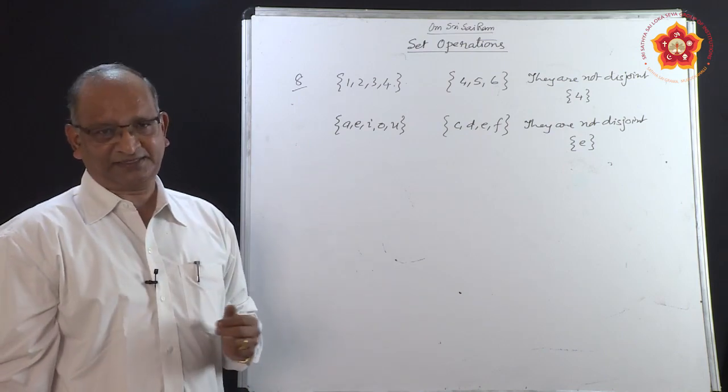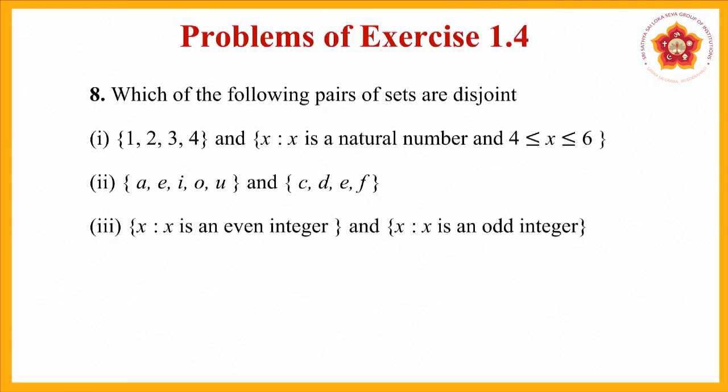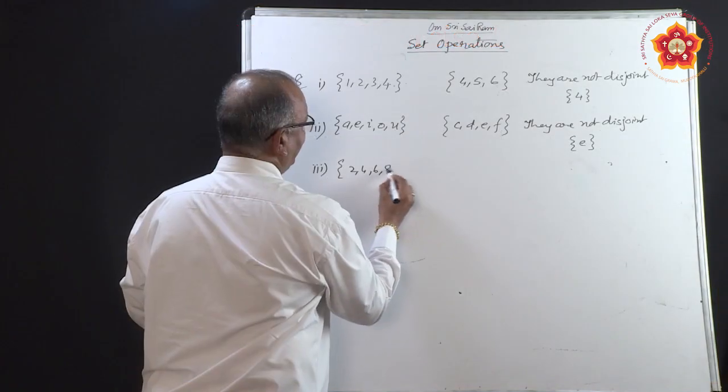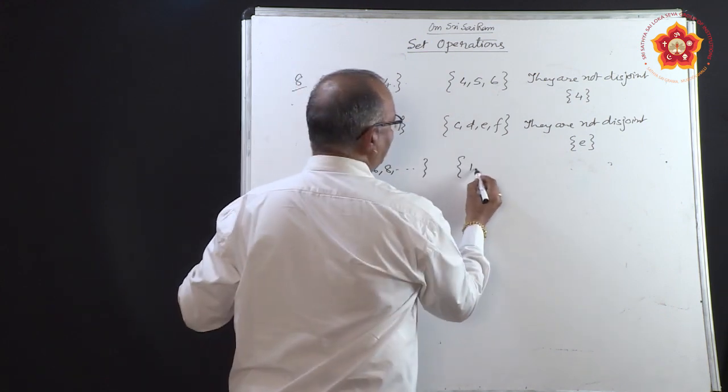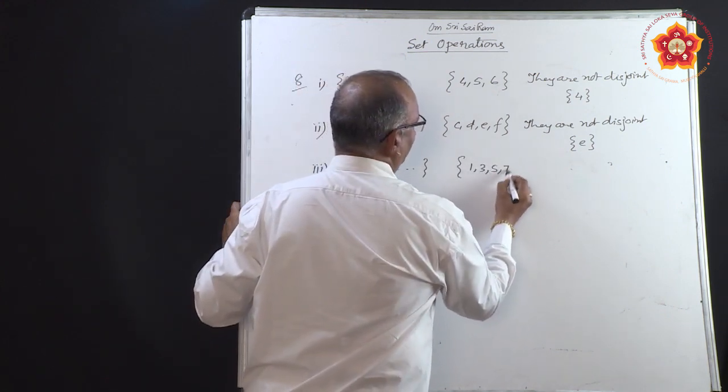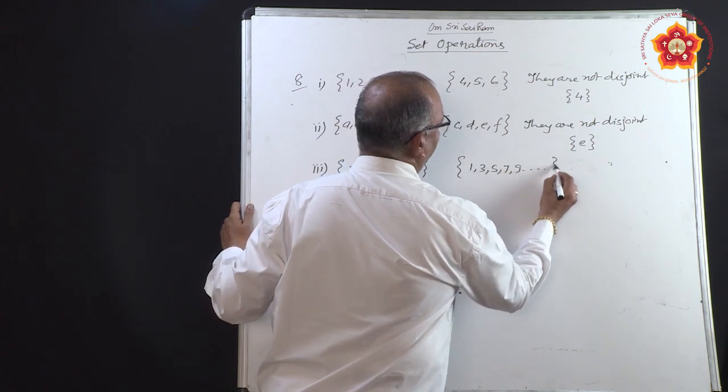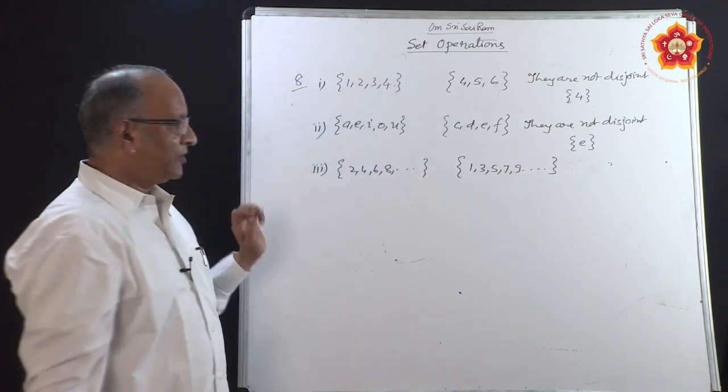The last one in this, problem number 8: x is an even integer and x is an odd integer. So, the third one, the first set contains even integers, let us say 2, 4, 6, 8, 10, etc. And the second set contains odd integers, something like 1, 3, 5, 7, 9, etc. Now look at them.